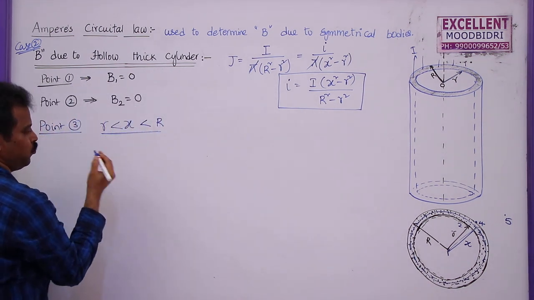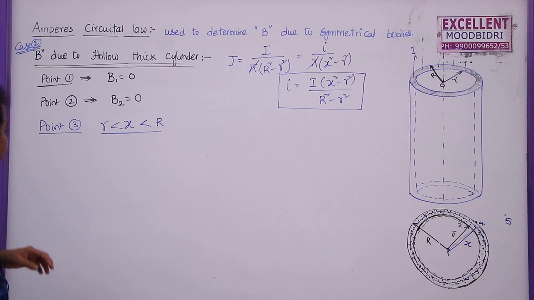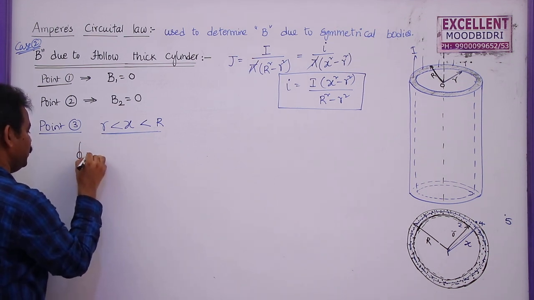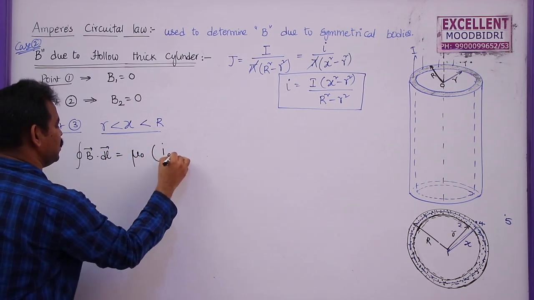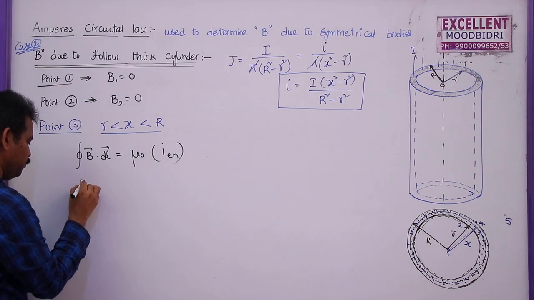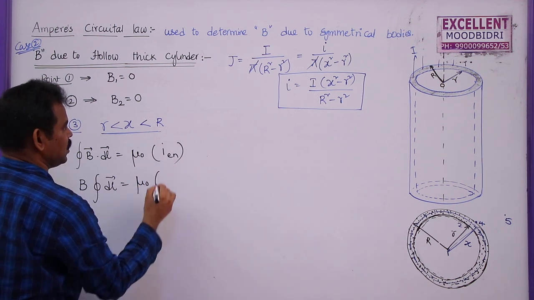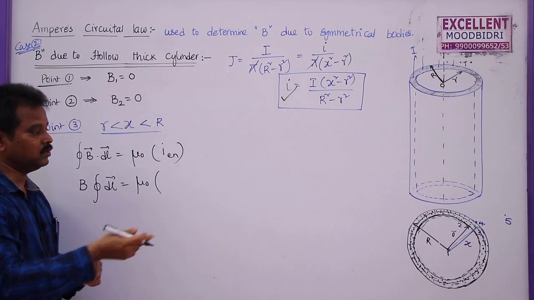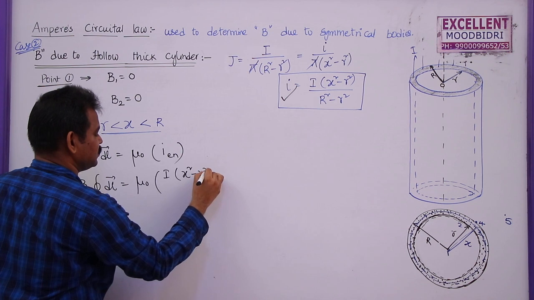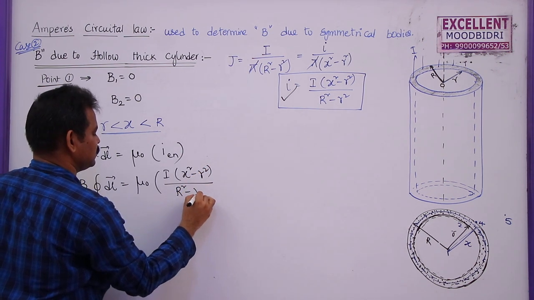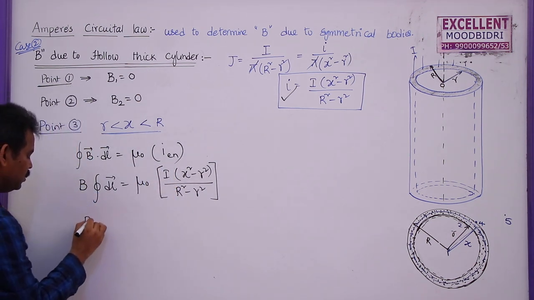Now to find the magnetic field due to this enclosed current, I am going to use Ampere's Circuital Law. The line integral of B dot dl is equal to mu naught times the current enclosed. So B times the integral of dl is equal to mu naught times the current enclosed by this Amperian loop, which is total current I into (x squared minus r squared) by (capital R squared minus r squared).